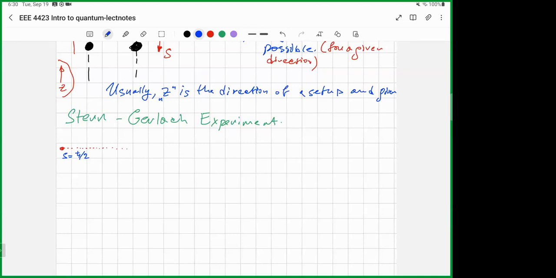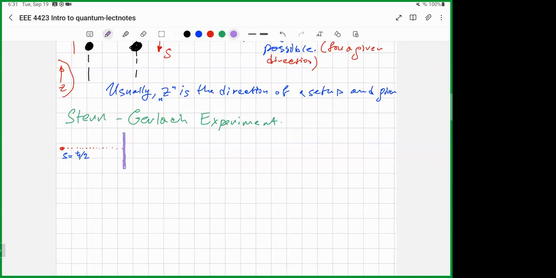And of course they did this experiment even before they observed the spin, right? So the existence of the spin is actually the result of this experiment. So they took the source of particles and without any magnetic field, the particles hit the same spot on a screen, right?